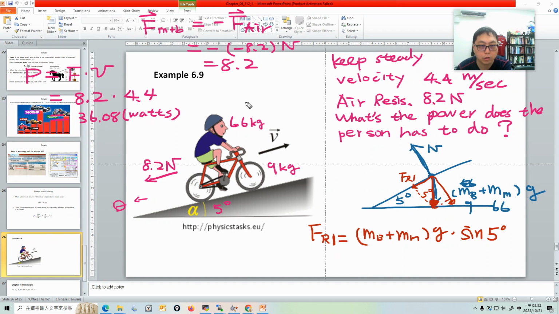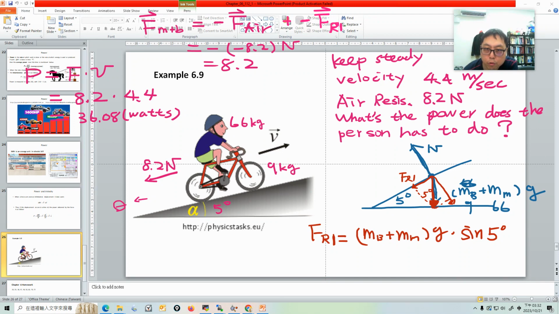So right now, if we consider both air resistance and this one, the correct force is, let's write it here, we have to add the other term, F_R1, resistance 1. Because I will ask another problem, maybe there is another resistance 2.